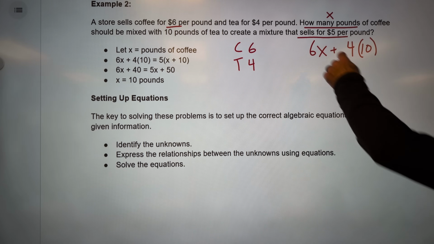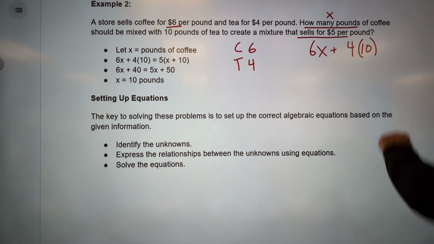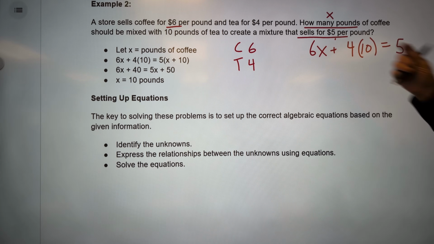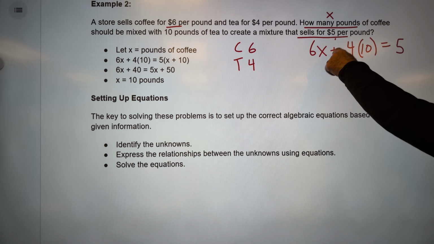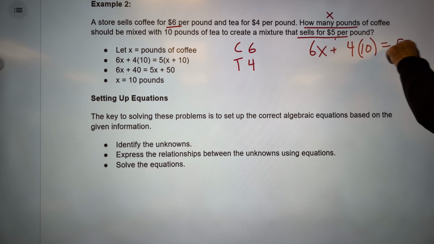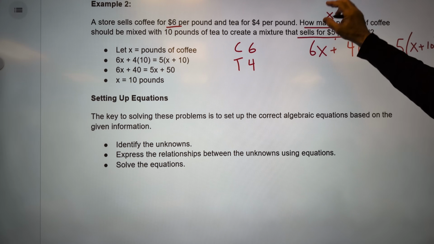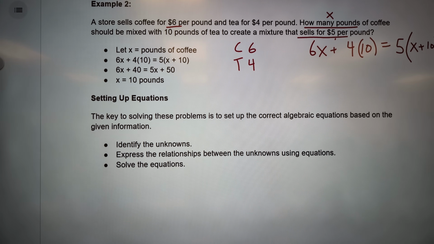Well, this is the price of coffee, and this is the price of tea. I know my price is 5, but I don't know how many pounds. So the price of coffee plus the price of tea, we want that to equal $5 times the total amount. The amount of coffee is x, and the amount of tea is 10. So I go from my sentence to my equation.